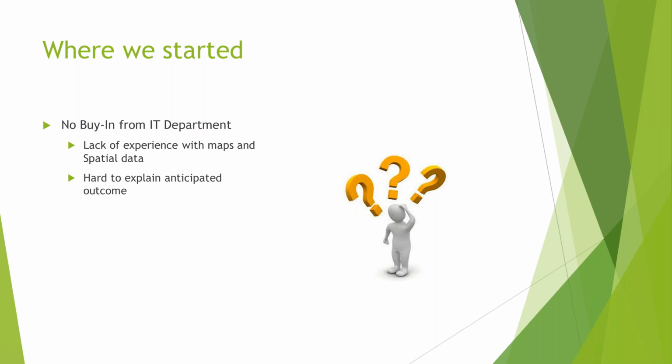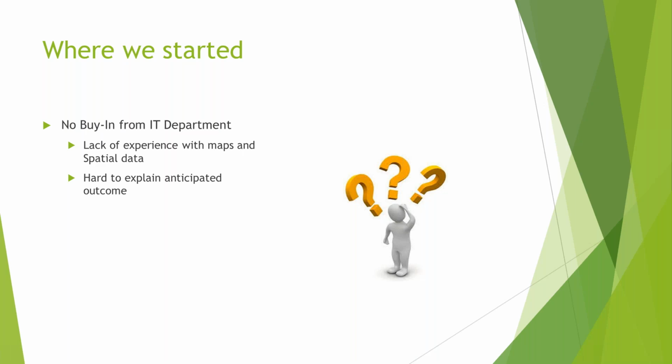But early on, the problem we had was that our IT department really would not buy into that because they just didn't have any familiarity with being able to build a map tool or take spatial data and present it in a map.